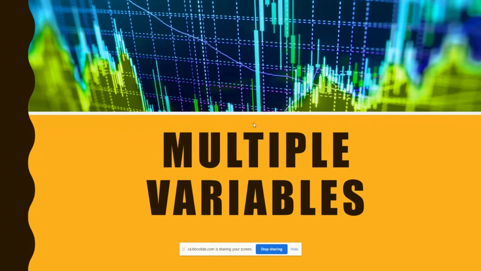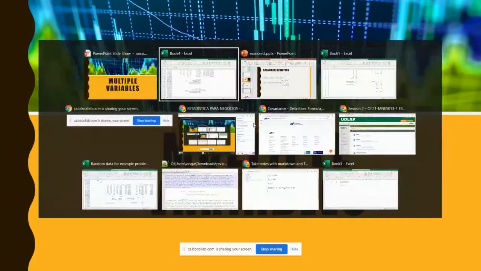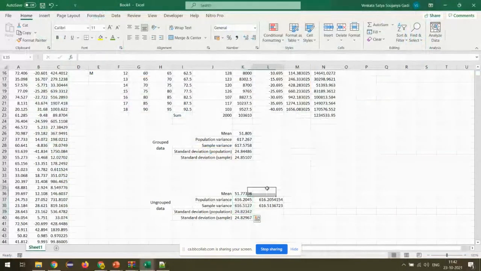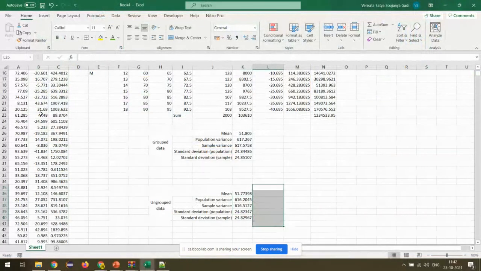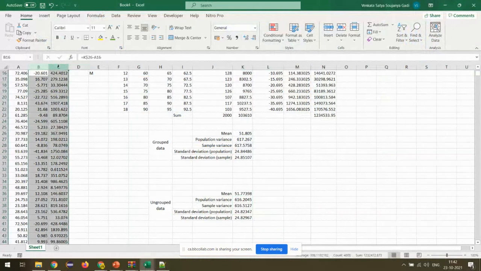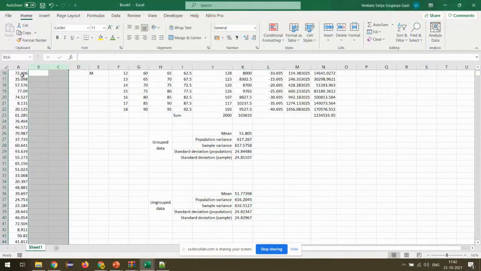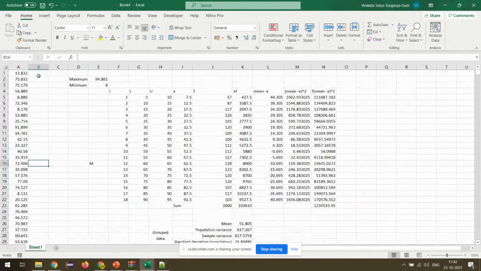So in the multiple variables, all the calculations we are doing are for one variable, which is x. So instead of just one variable, we want to do multiple variables. So what do I mean by multiple variables? We have x. Let me take another one called y.